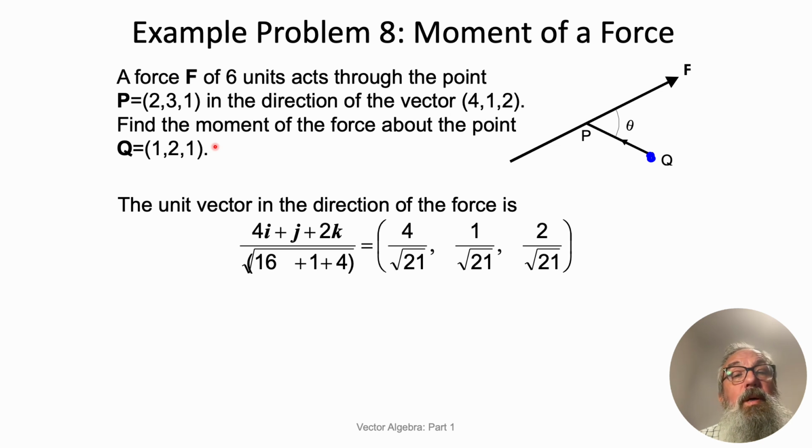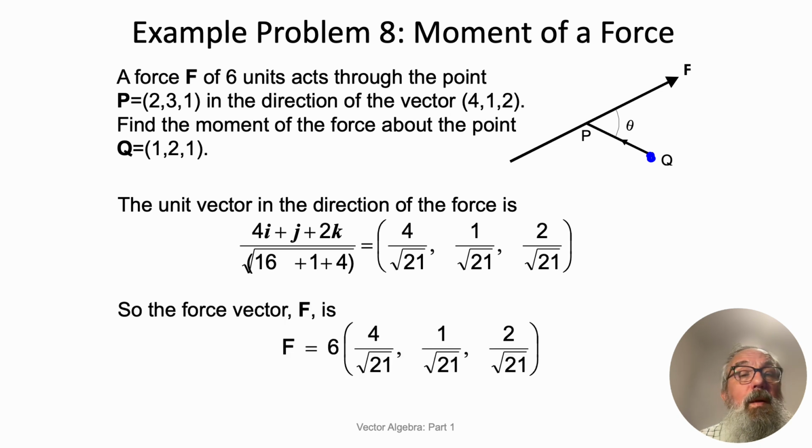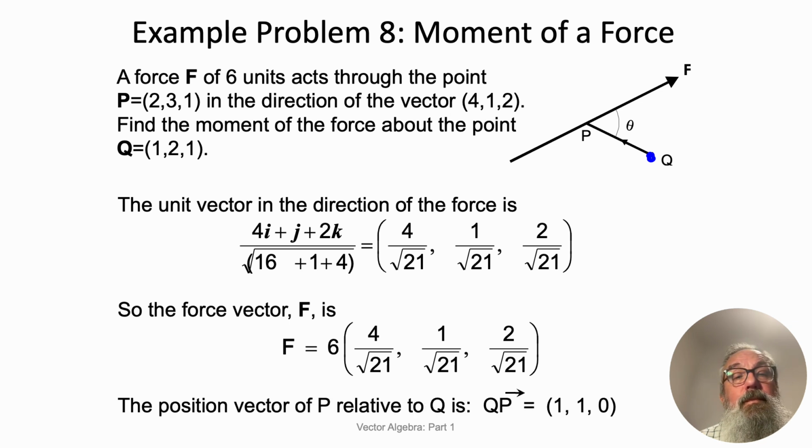So we do this here by getting a unit vector in the direction of the force, 4, 1, 2. So the force vector is 6 times that 4, 1, 2. The position vector of P relative to Q is QP.